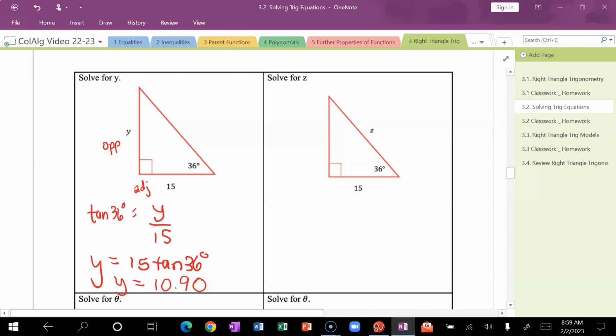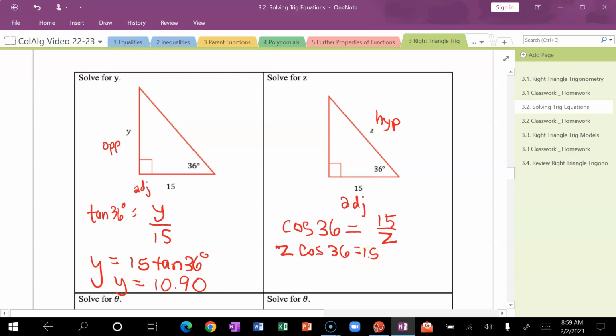Solve for side z. Look at angle 36 degrees. Relative to the angle 36 degrees, this is the adjacent side, and this is the hypotenuse. The trig function that deals with adjacent and hypotenuse is the cosine. So the cosine of 36 degrees is equal to 15 over z. If you multiply both sides by z, you get z times the cosine of 36 equals 15.